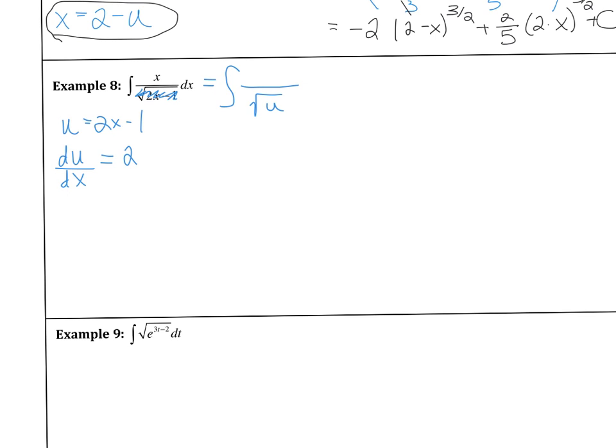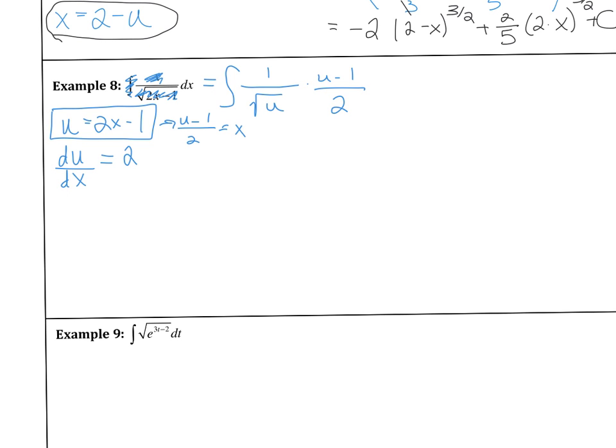Well, let's use this definition here and solve for x. If we solve for x in terms of u, we will get u minus 1 over 2 exactly equal to x. So I'm going to put a 1 up here, and I'll do a u minus 1 over 2 right here. Great. That takes care of x.